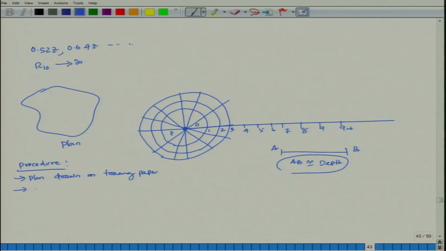The plan is placed over the numeric chart such that point P, at which the pressure is required, coincides with the center of the chart.